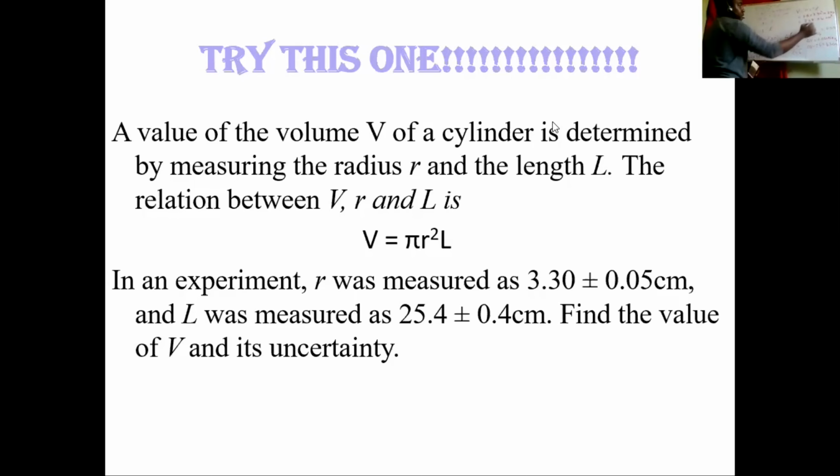So your value of V is that, and your uncertainty is 43.43.